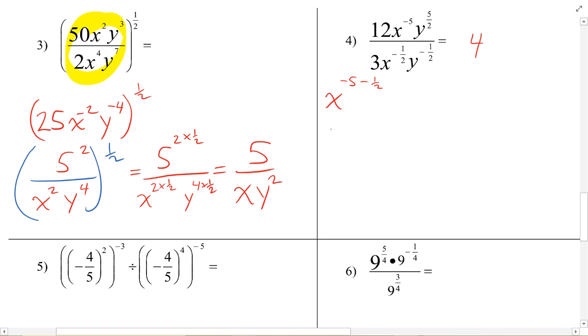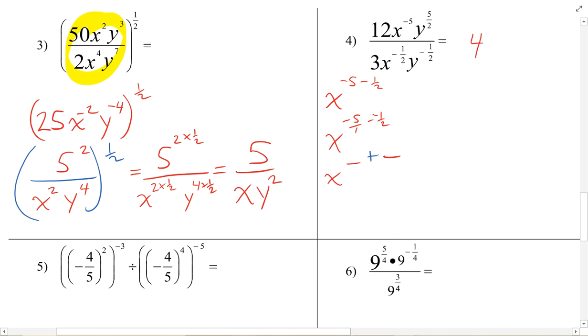So we could go x exponent negative 5 over 1 minus 1/2. What is the common denominator? Chase, you got the common denominator. You're right, minus negative 1/2. Thank you. So then we should change that to a plus 1/2.